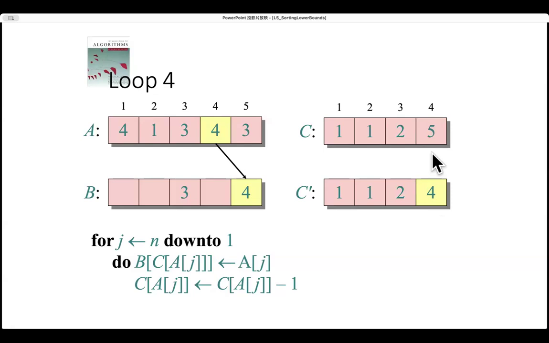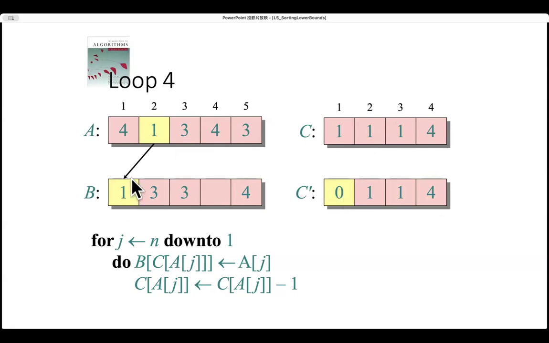Keep doing that. The next one is 3, so you copy that to index 2. And the next one is 1. You copy that to index 1, because this indicates 1, and the decrement makes it 0.